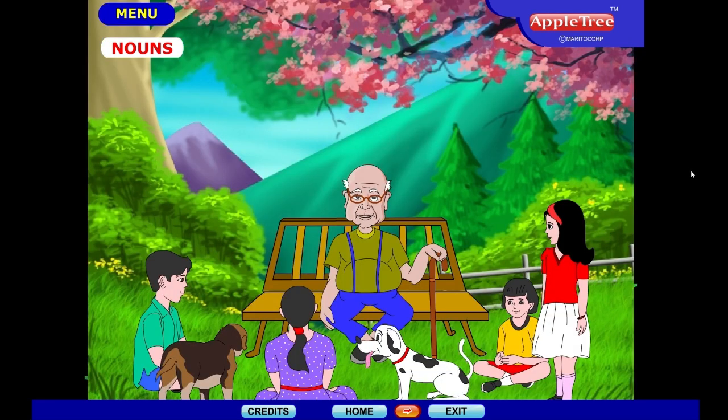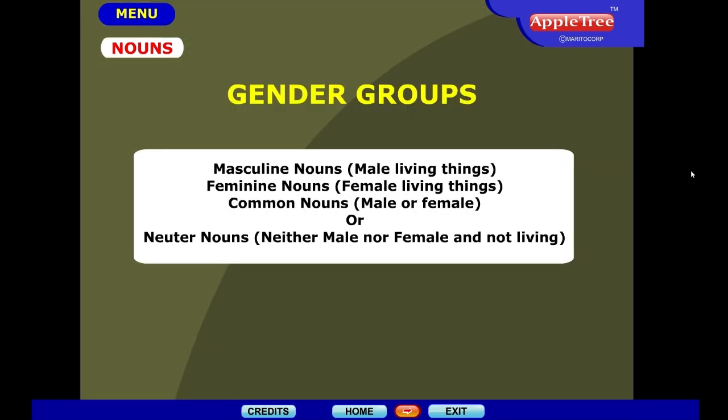Children, it is important to know that the nouns belong to gender groups. They can either be masculine nouns, male living things; feminine nouns, female living things; common nouns, male or female; or neuter nouns, neither male nor female and not living.